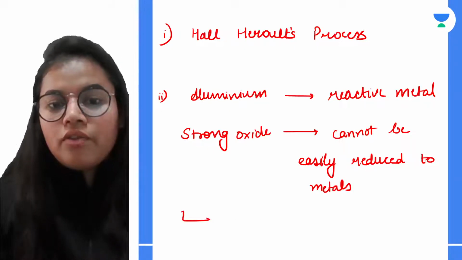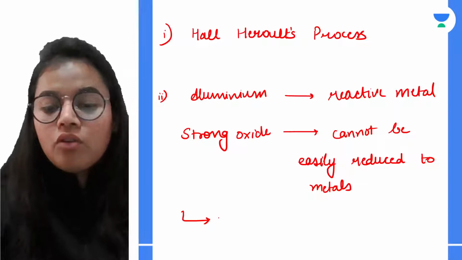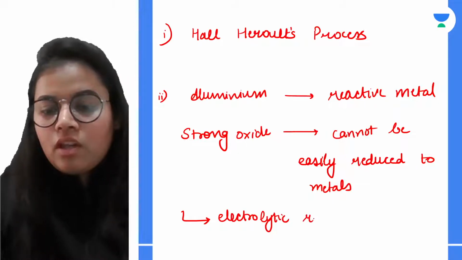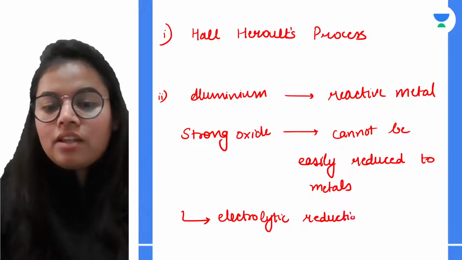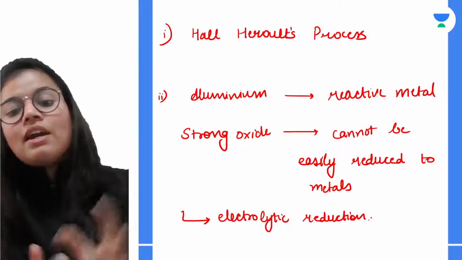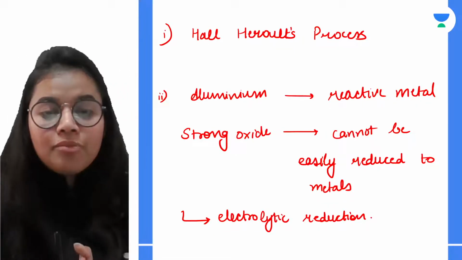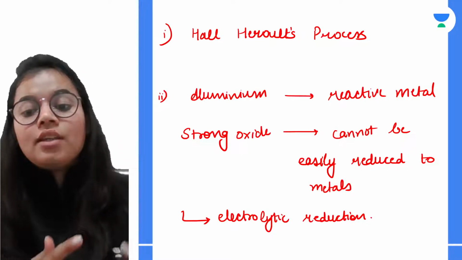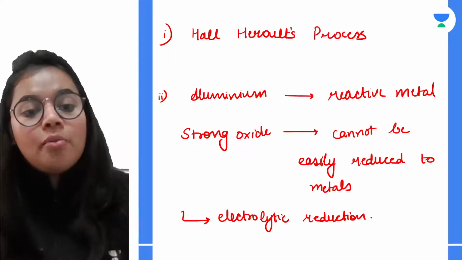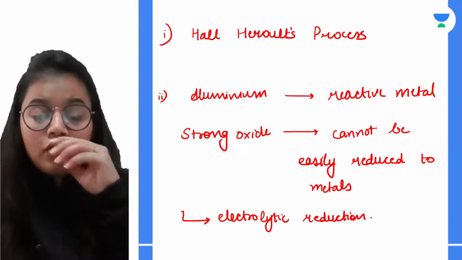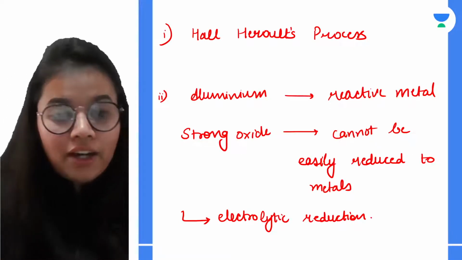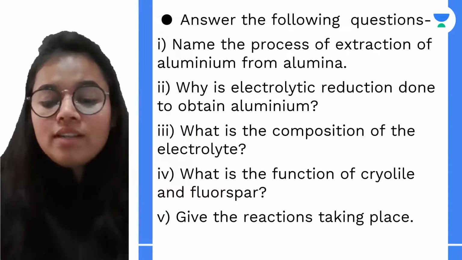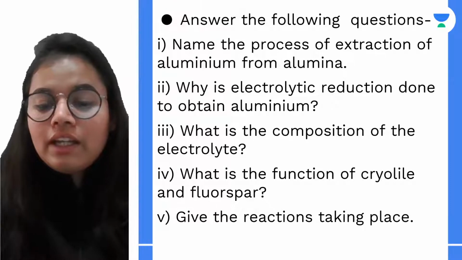So therefore we go for electrolytic reduction. The basic reason is that aluminium is a very reactive metal, and therefore it forms strong oxides which cannot easily be reduced to the metal, so we go for the process of electrolytic reduction.